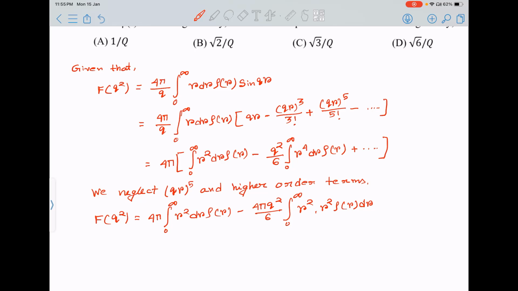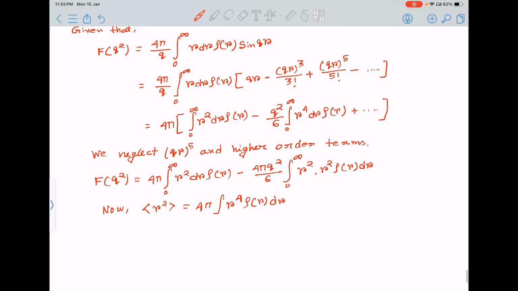Now the value of ⟨r²⟩ is given as 4π ∫ r⁴ ρ(r) dr. So from the three-dimensional spherical polar calculations, we can easily find out this thing.